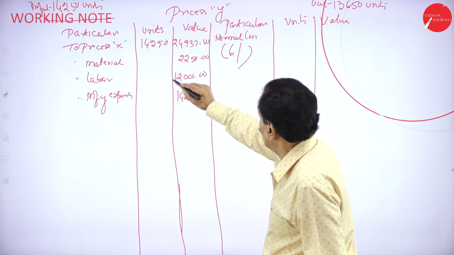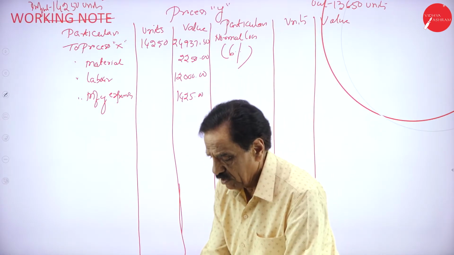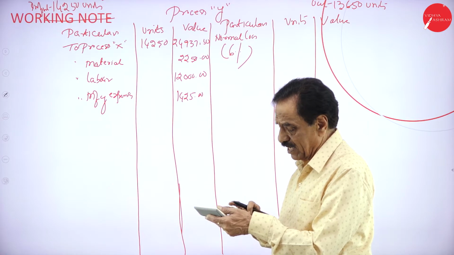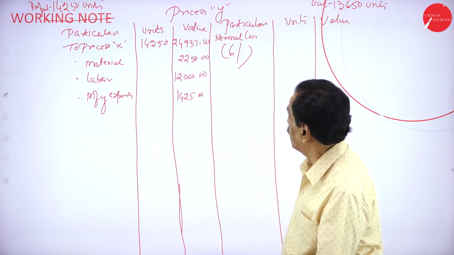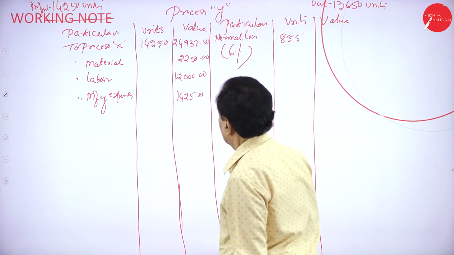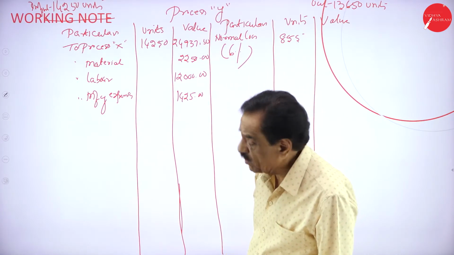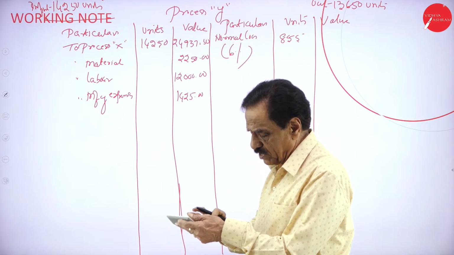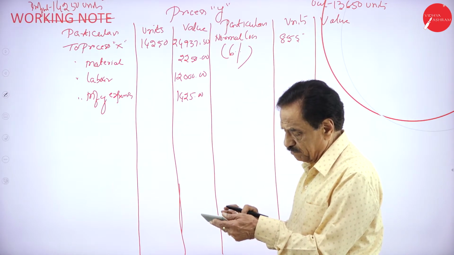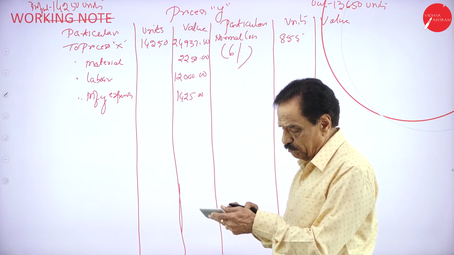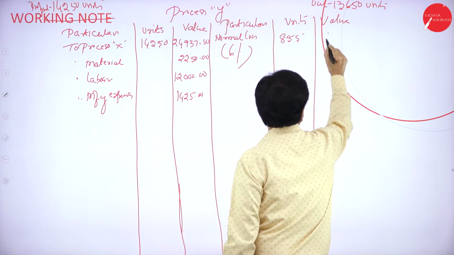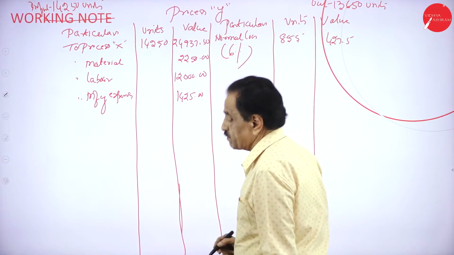Your input is 14,250. 14,250 into 6 divided by 100 is 855 units. 855 into 0.50 is 427.5.